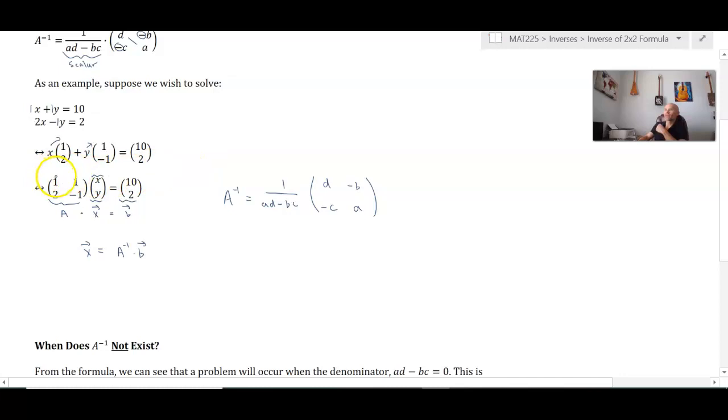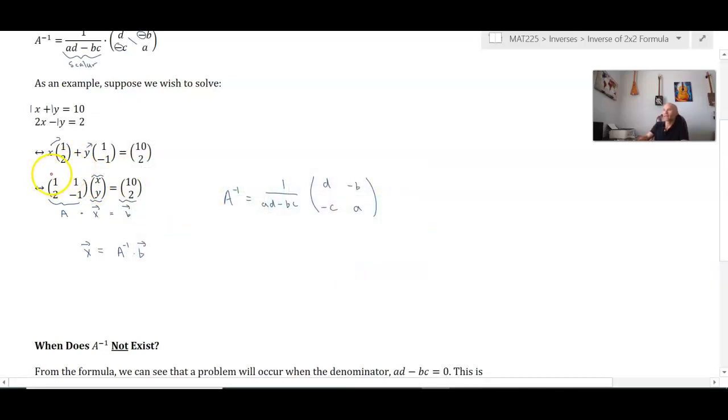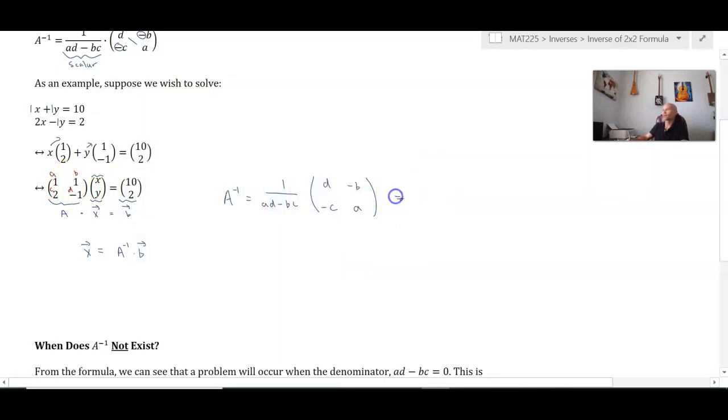So in our case, we can see that a is 1, b is 1, c is 2, and d is negative 1. So to produce this result, we have 1 over a times d, so 1 times negative 1, minus b times c, which is 1 times 2.